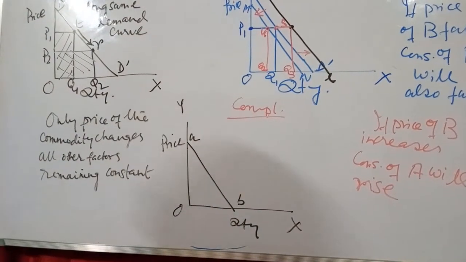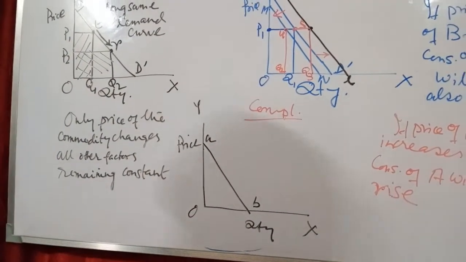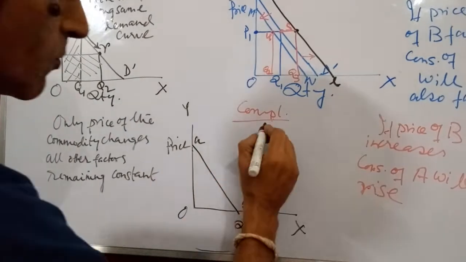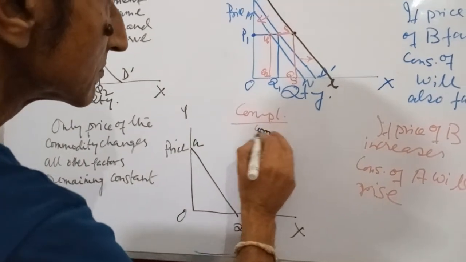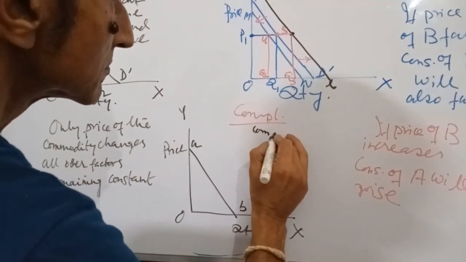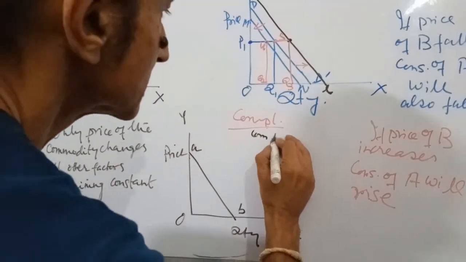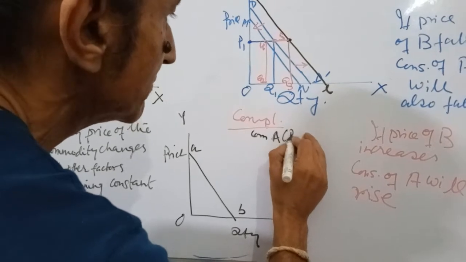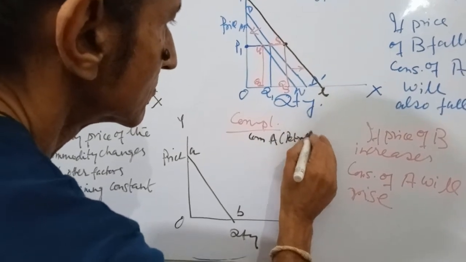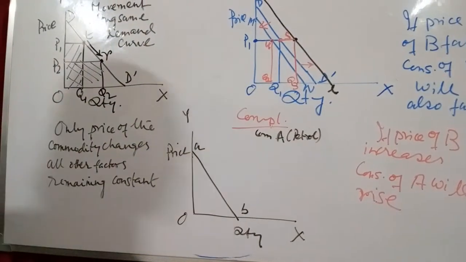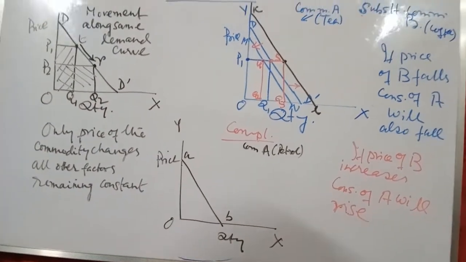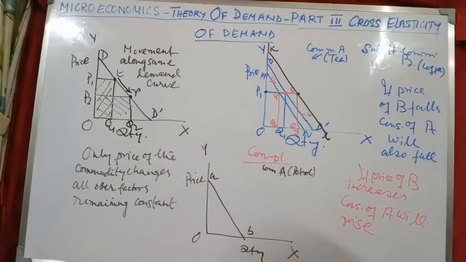So AB is the original demand curve, say of commodity A, let it be petrol. Correct?